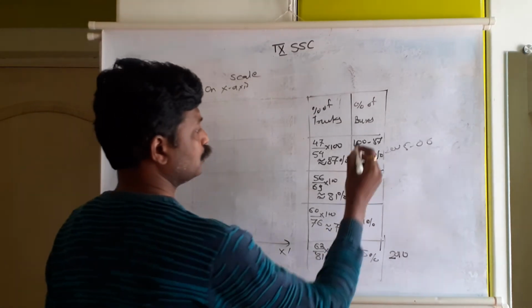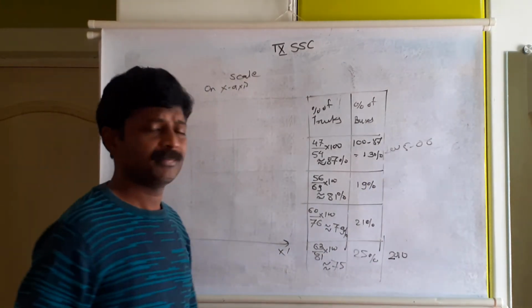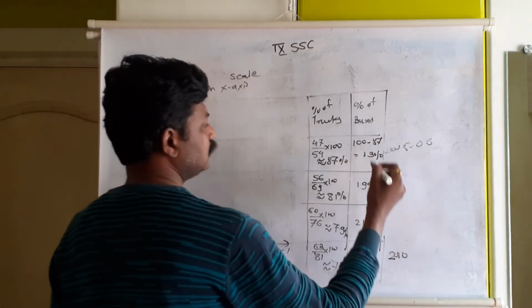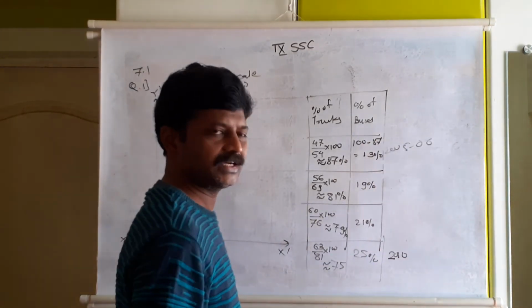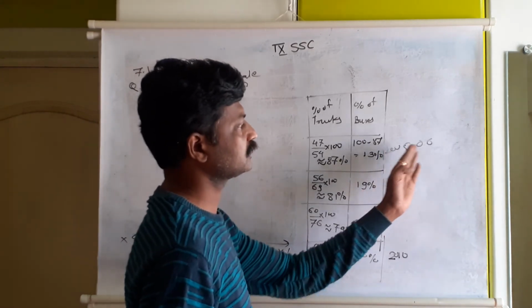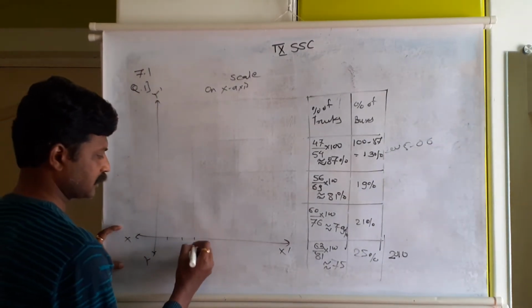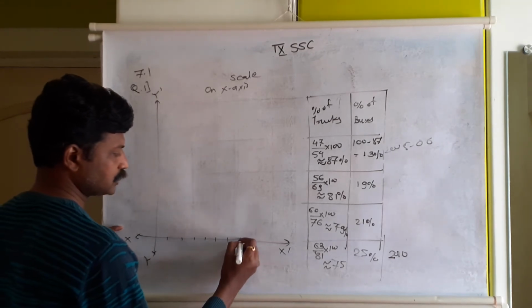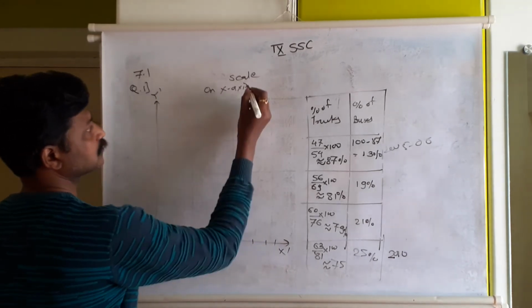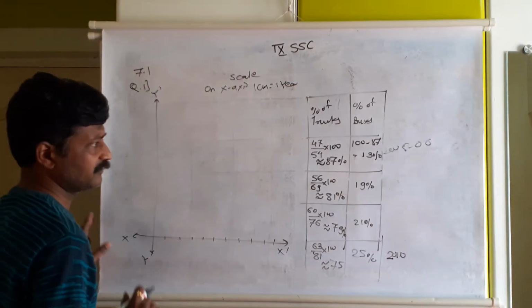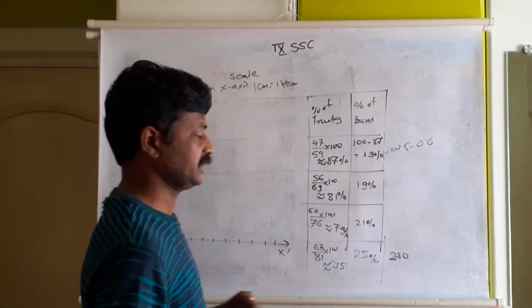Here we have 4 percentage bars, we need equal gaps, so every centimeter we can consider 1 year. On the x-axis 1 cm is equal to 1 year, and we'll start with 2005-6 with the gap.